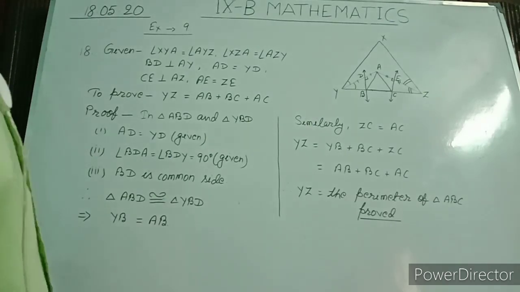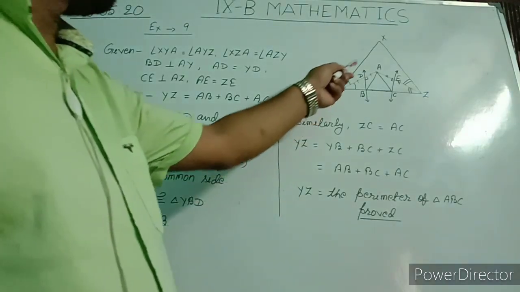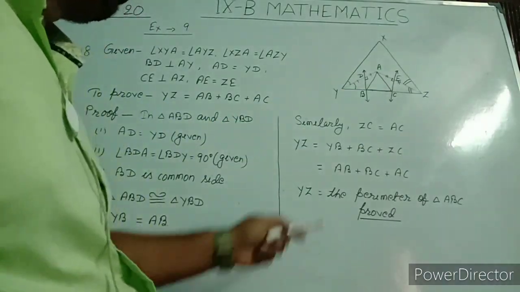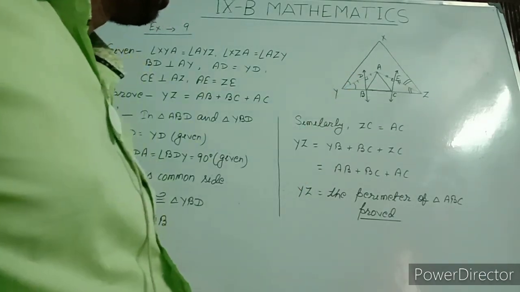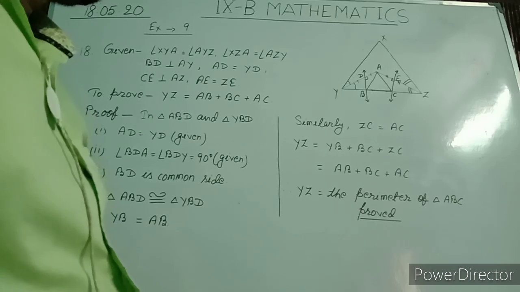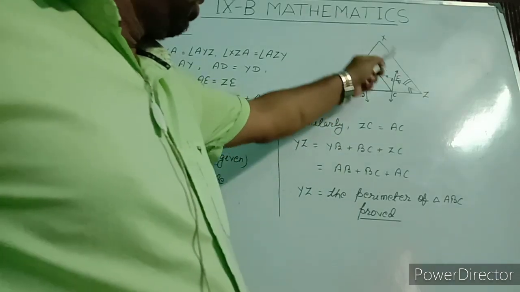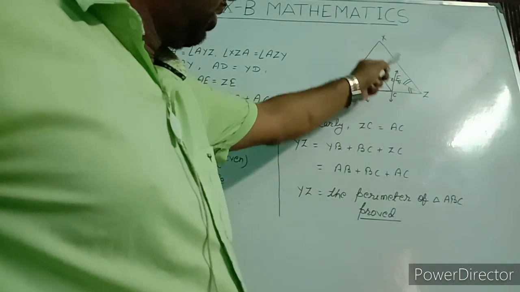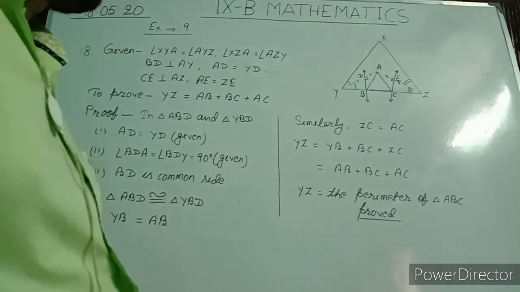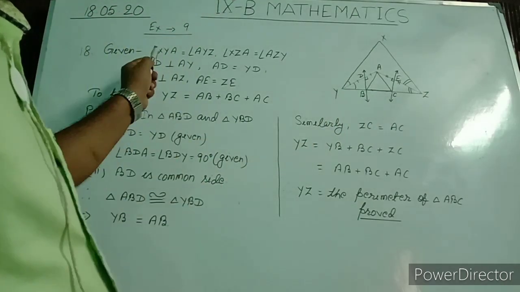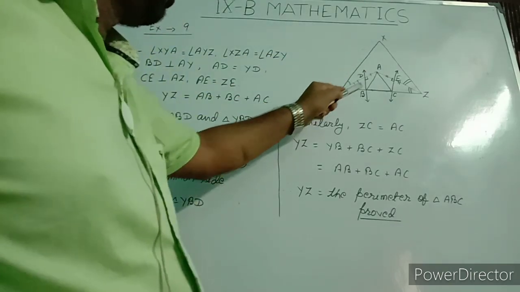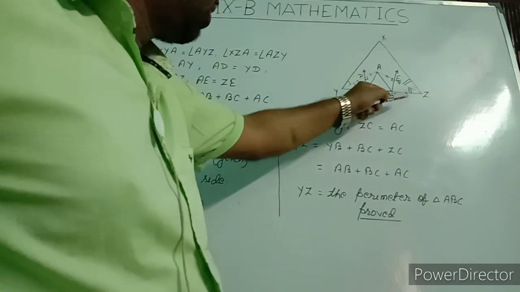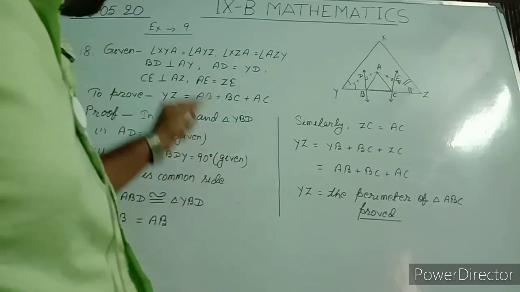In question number 18, this is the figure in which AY is bisector of angle XYZ and AZ is bisector of angle XZY. So I wrote here angle XYA equal to angle AYZ, because this is the bisector.